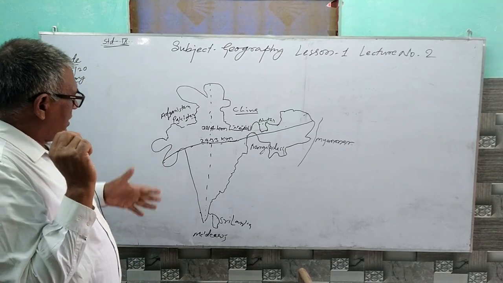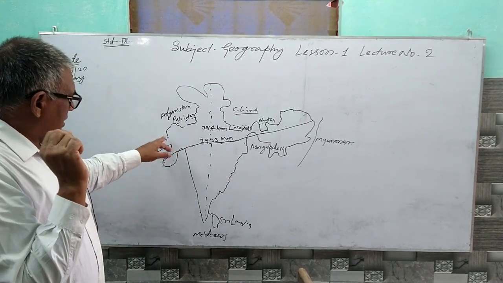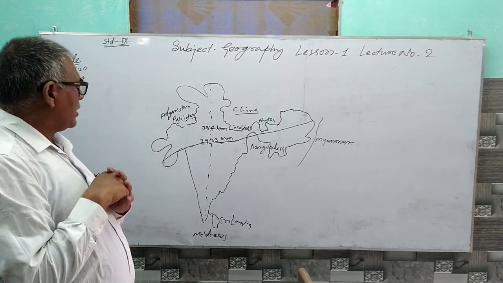It means there is a little difference, and its shape is broadly triangular.